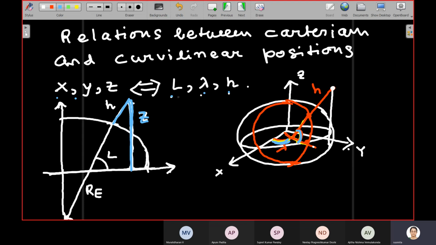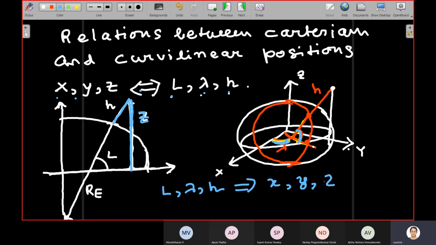Okay, so I gave you 3 problems last Friday, and today one more problem. In fact, instead of doing this derivation in the class, I will give it to you as a homework problem. So what you do is, given lat, long and height, find the x, y and z coordinates.